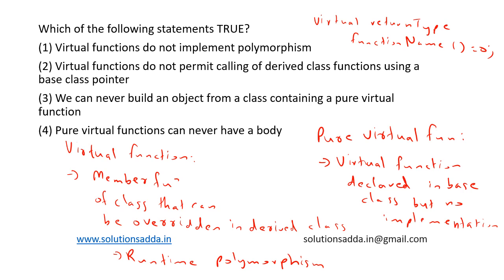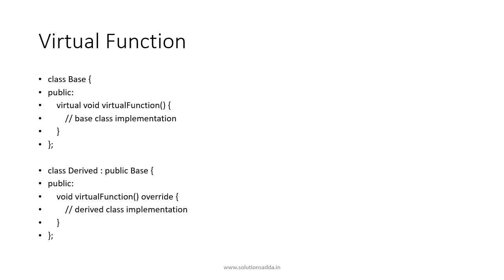So let's see how a virtual function can be declared. This is the basic syntax of a virtual function. This virtual function is declared as a virtual function in the base class.